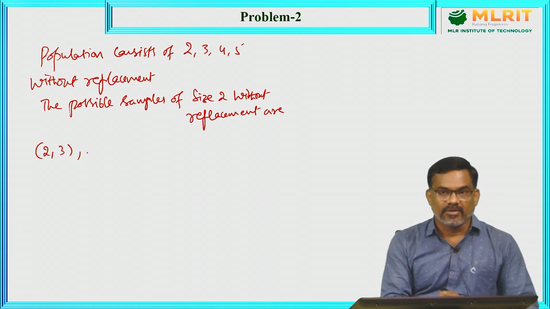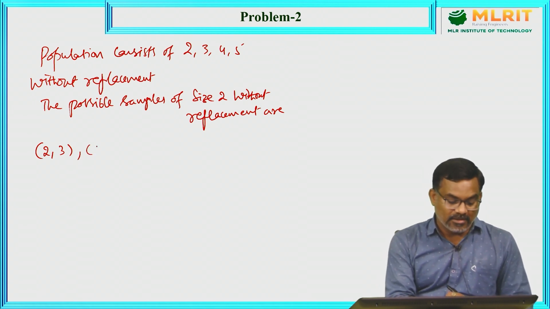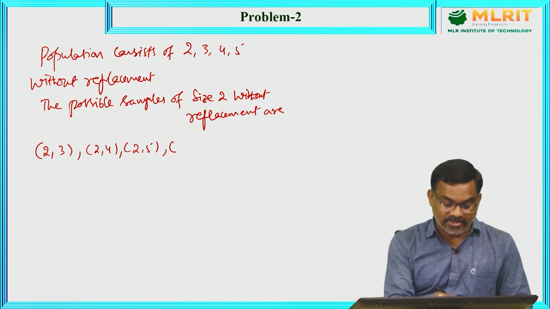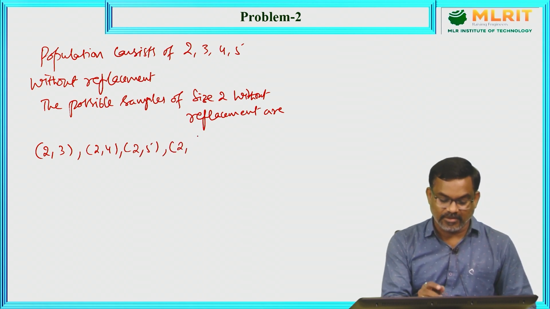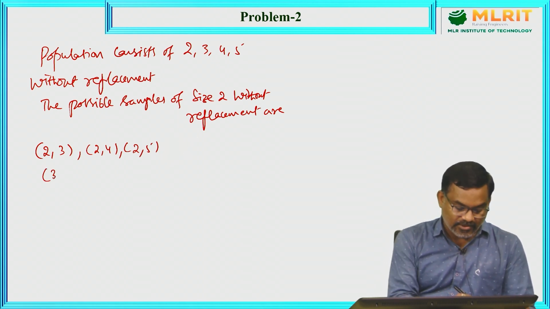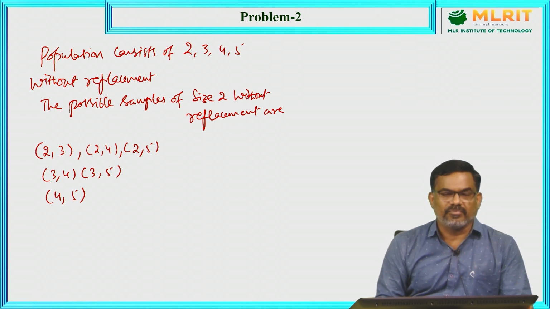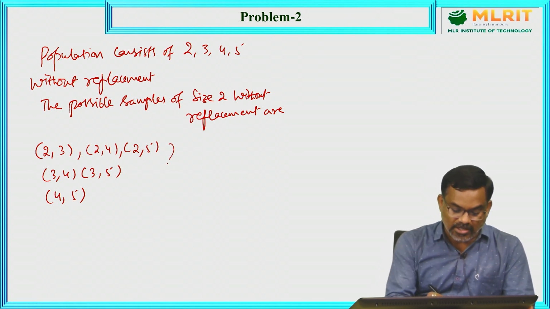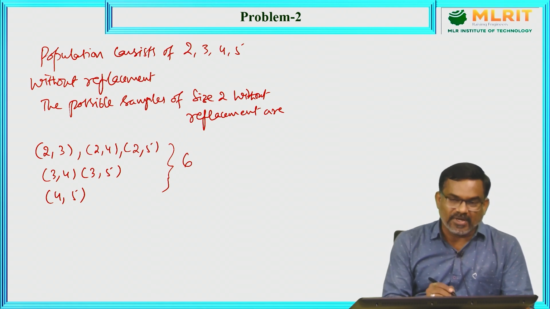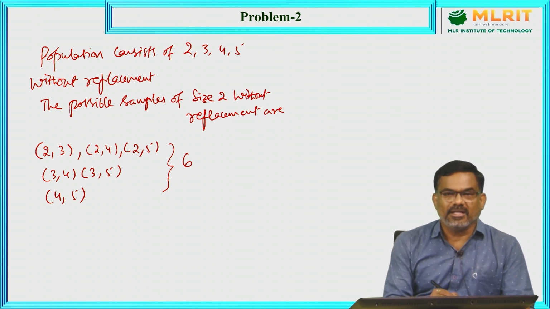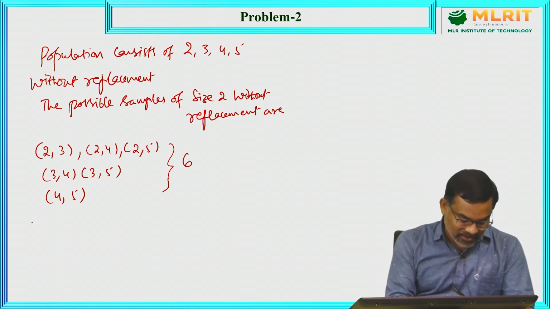Next, 2, 3 is over, 2, 4, 2, 5. Next, 3, 4, 3, 5, then 4, 5. So these are the possible samples in the case of without replacement. So the total number of samples is 6. And now first we need to find the sampling distribution of means.